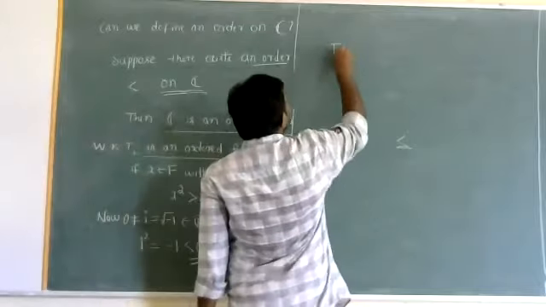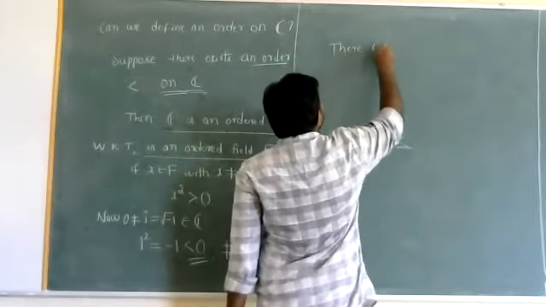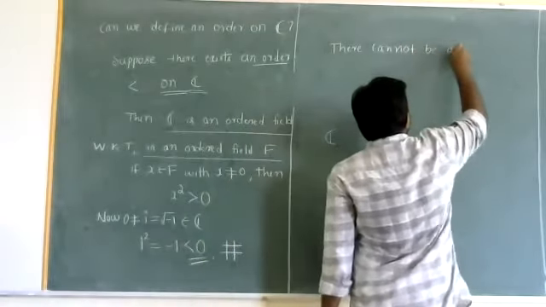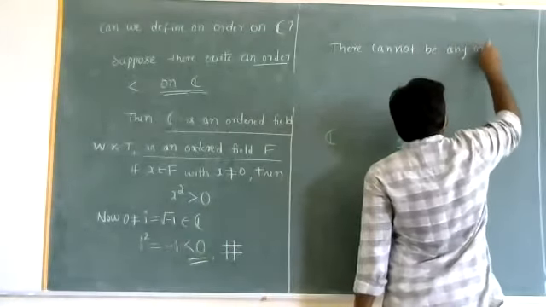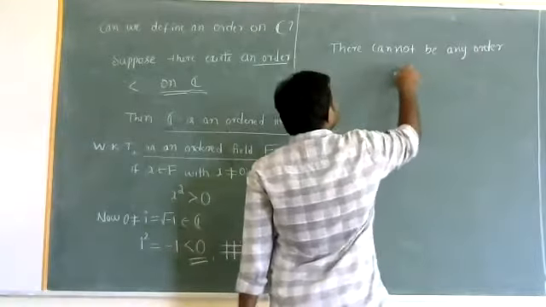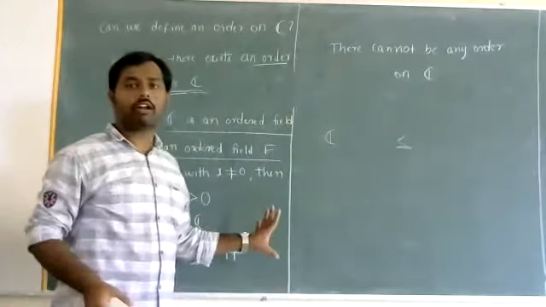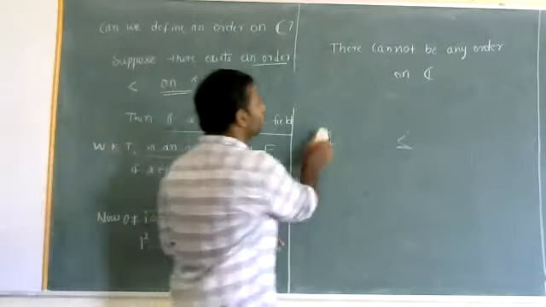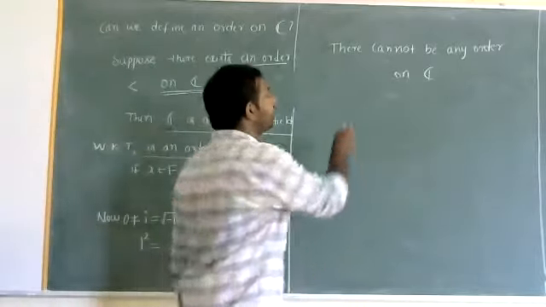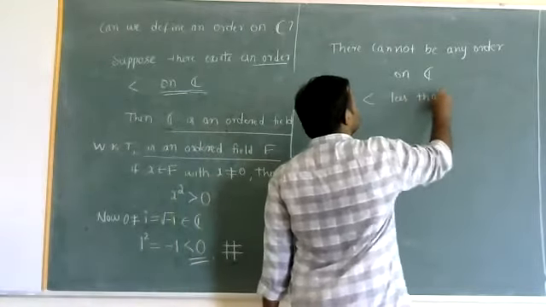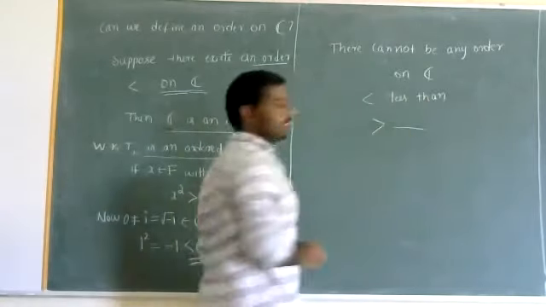So thus we can conclude that there cannot be any order on C. So that means we cannot define any order on C. In particular, we cannot define less than or greater than orders.